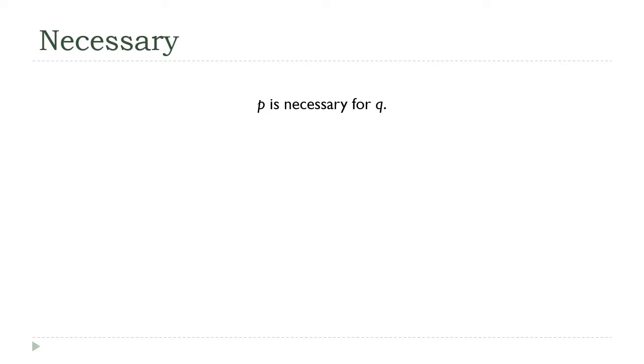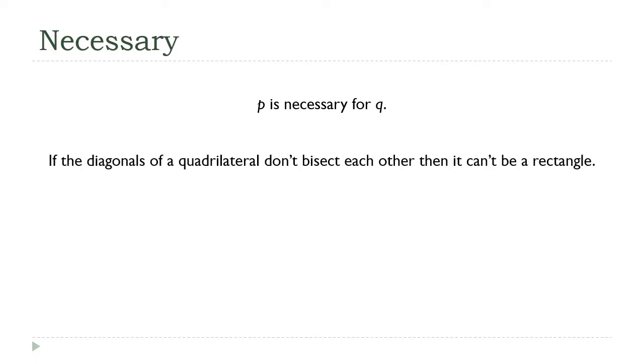The other side of the sufficient coin is a necessary condition. A necessary condition is one where Q cannot happen unless P does. I think of it as can't happen without. Right? For example, if the diagonals of a quadrilateral don't bisect each other, then it can't be a rectangle.